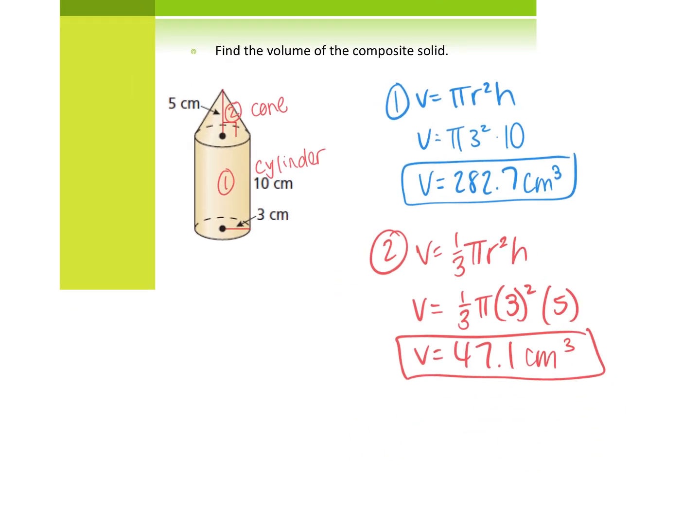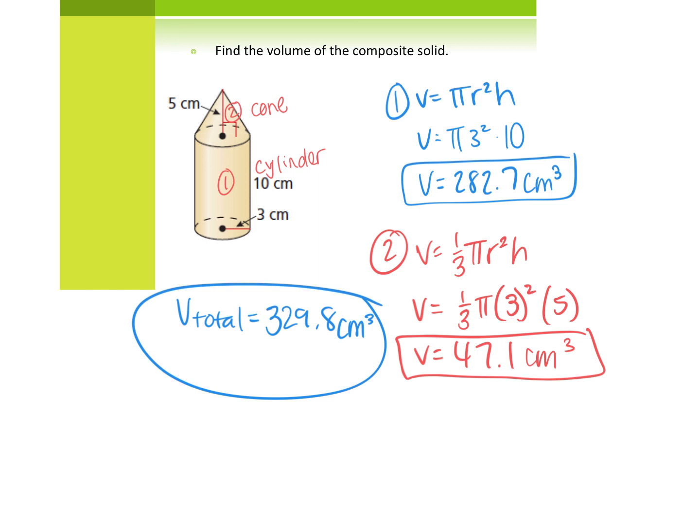How do I find the answer? You add them. So the volume total, 329.8 centimeters cubed. Hold on. I have to check that. I don't think that's right. It's right.